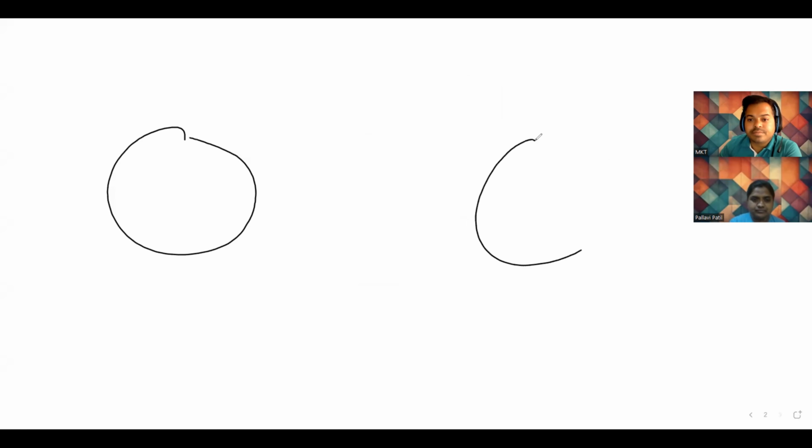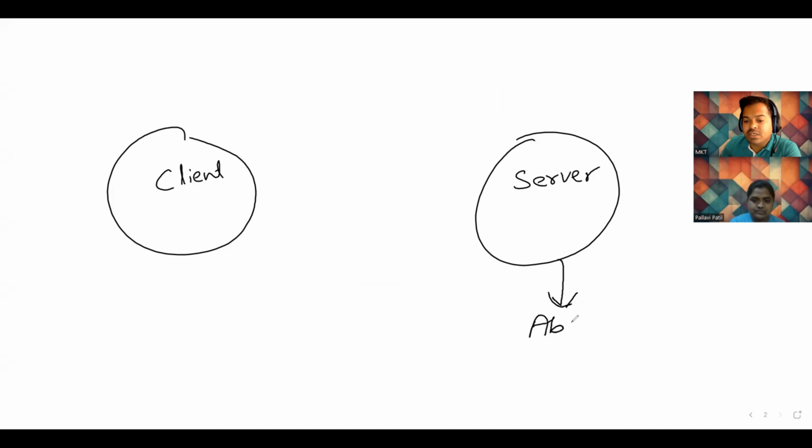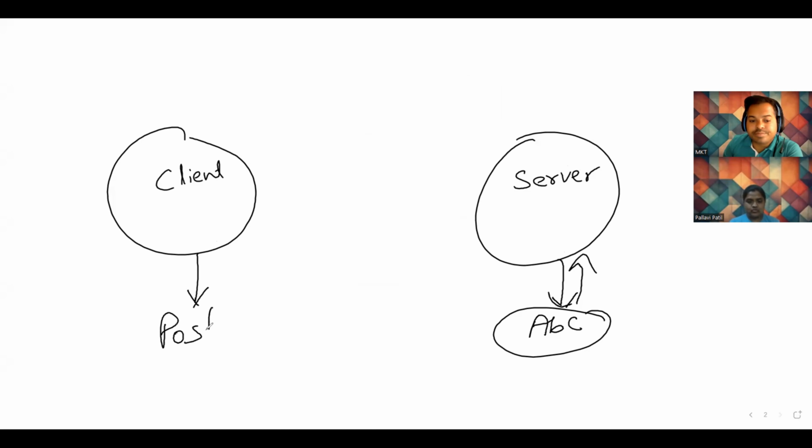So I just want to tell you something. Communication takes place between the client and server. So this is your client and this is your server. In case you, Pallavi, are working in a company called ABC, your server will be ABC servers. Your client in API testing is Postman. Now there are two kinds of status codes, I mean, there are many.